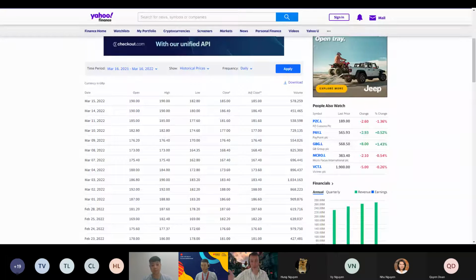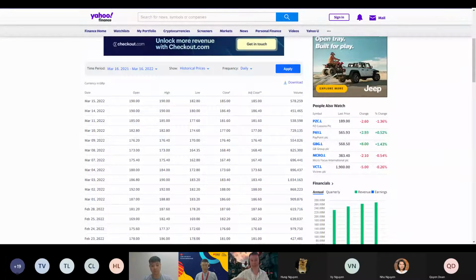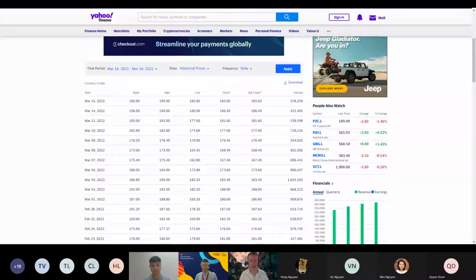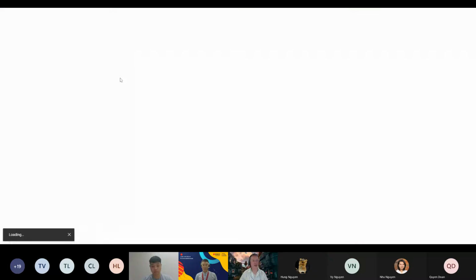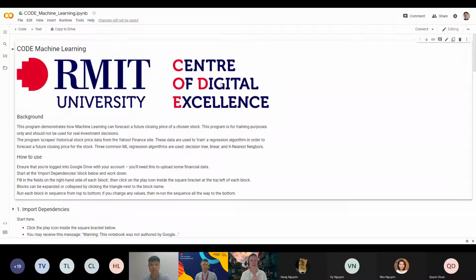If you're using a personal account to get into Google Drive, use the second link. I'm using my RMIT account, obviously. So I'm going to open the RMIT version, and hopefully you can all see what I'm doing.